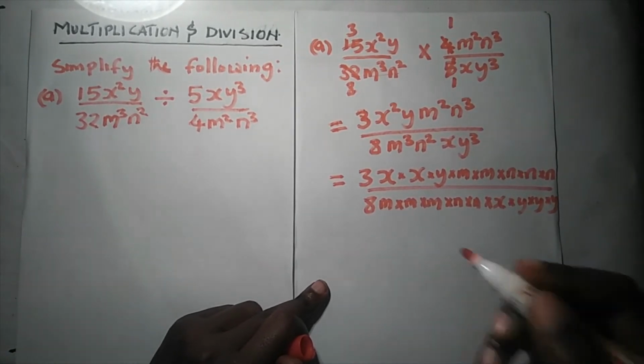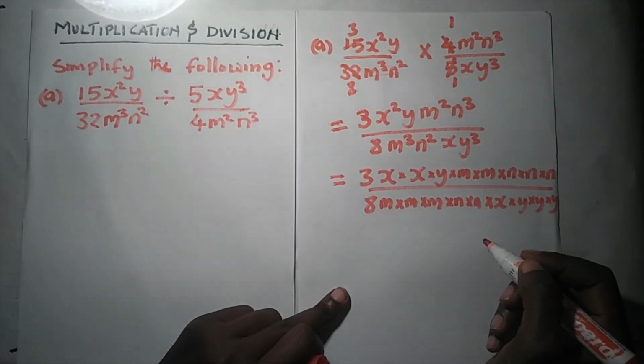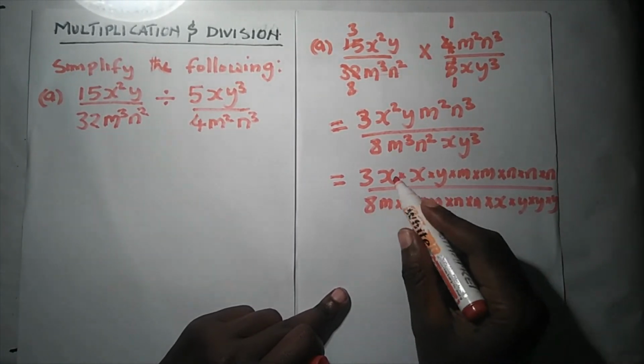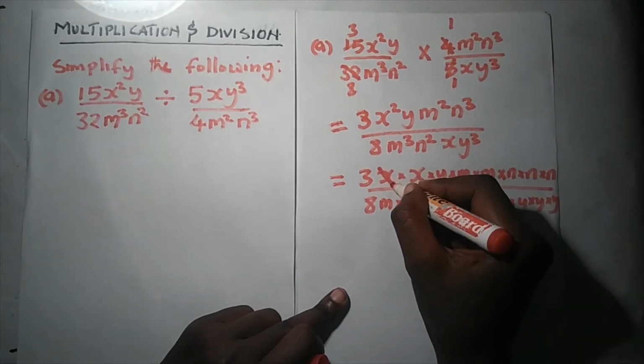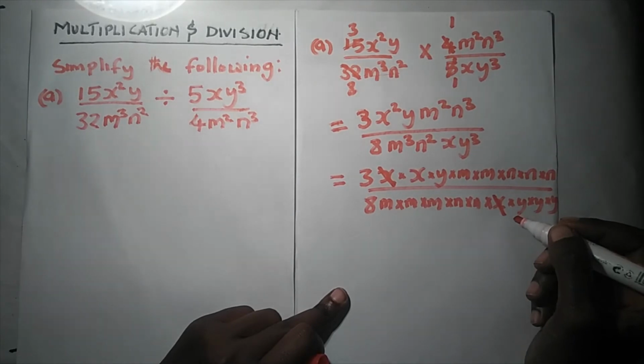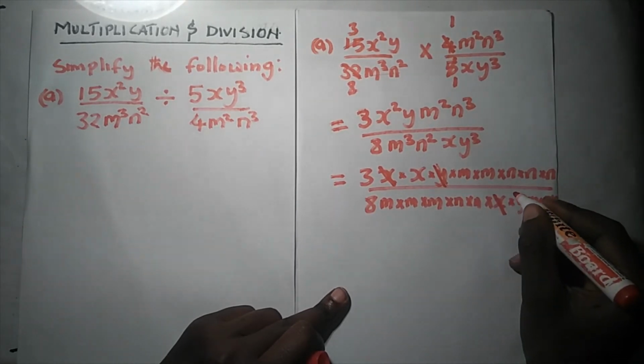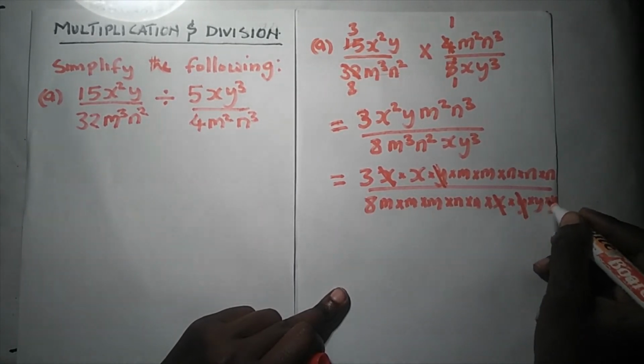Okay, so now we can start cancelling here. So we are going to cancel out the x's here. You notice here that on top we have 2 x's, so this x here will cancel with the x that we have down here. And then when you look at the y's, on top we only have 1 y, so this y will cancel out with one of the y's here, and you remain with 2 of them.